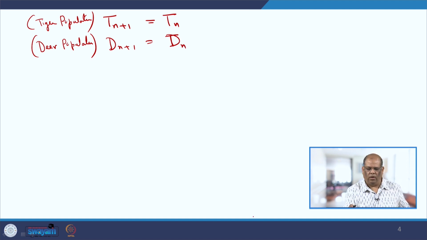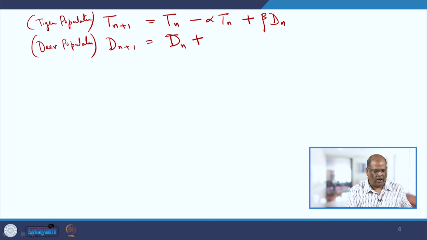Now, without the deer, the tiger will die due to starvation, say at a rate alpha, and with the presence of deer, the tiger will grow, say at the rate of beta. Similarly, in case of deer, if there is no tiger, the deer will grow exponentially, say at a rate gamma, and when there is a presence of tiger, it will eat the deer and hence the deer population will decrease at a rate delta.